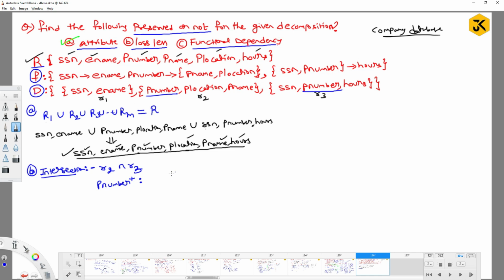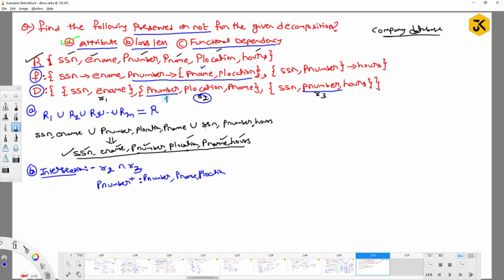P number closure is, if you observe, this is what you are going to get. You get P number anyway. From P number, you get P name. From P name, you get P name and P location. Any other things possible? No, this is the only thing possible. So if you observe, this P number closure determines R2 itself.